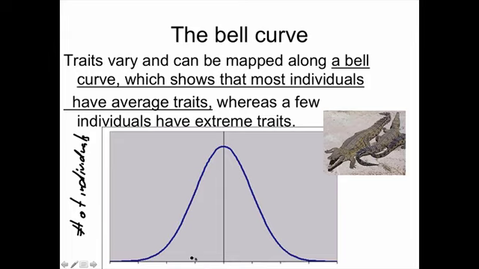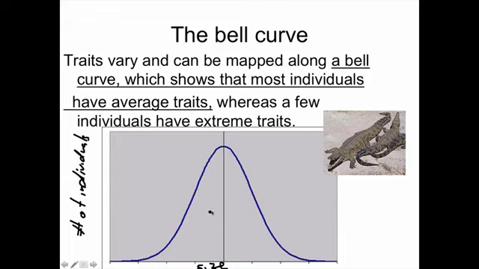And down here on the x-axis is the variation of a specific trait. Using these crocodiles, let's say size. So down here, this is size.